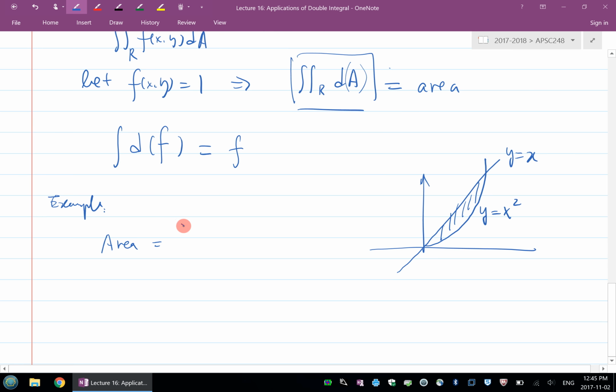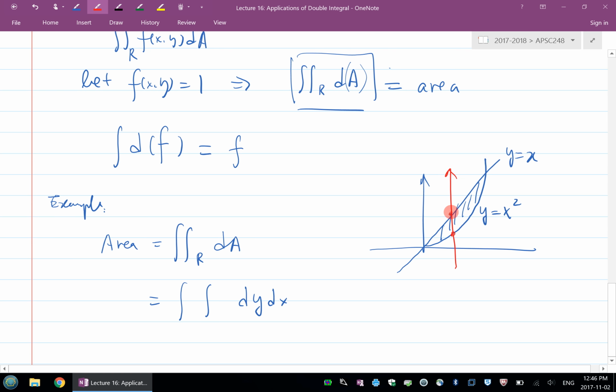Using the formula, your area is just the double integral of dA. In this case I'll continue to use Cartesian coordinates. Let's say I choose dy dx as the order of integration. Then the rest of the work is the same as the process for finding the limits for a typical double integral. For y, you draw an arrow line in the y direction.